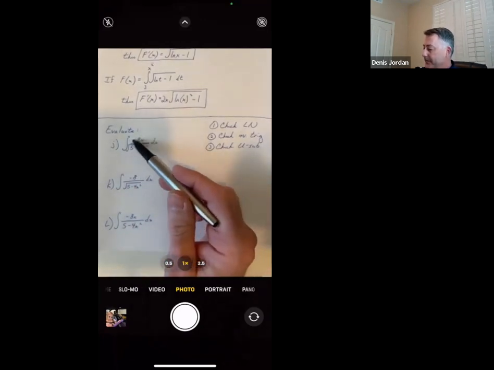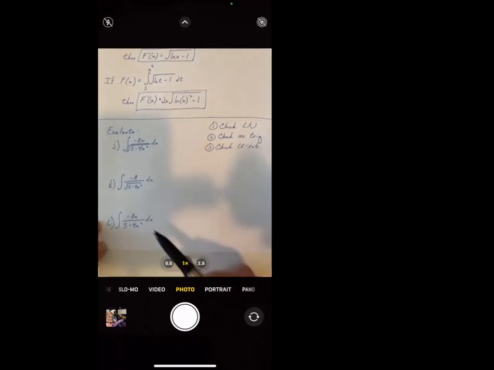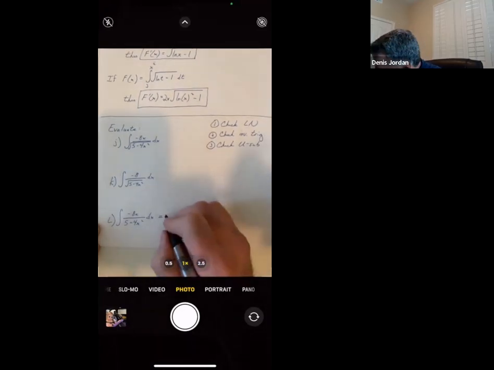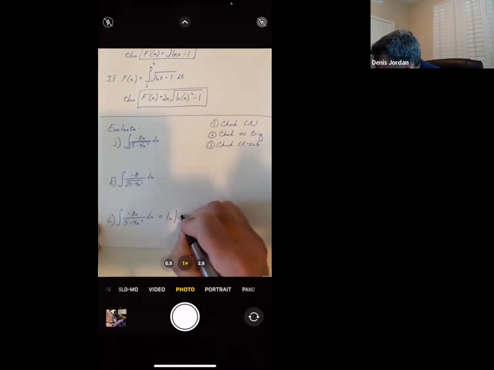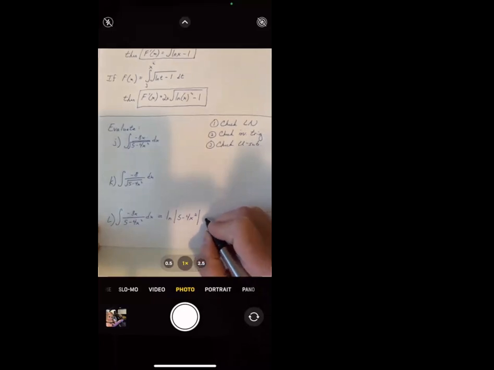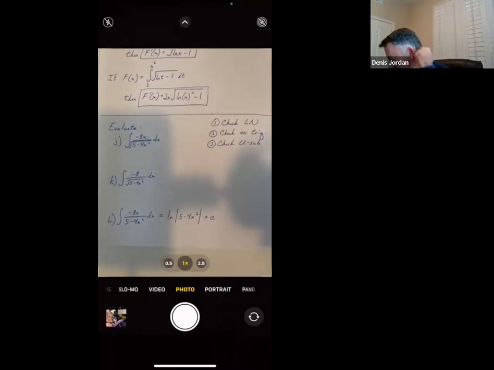So it's not up there, but it is with L. Since it's L, you can just default it to ln of the absolute value of 5 minus 4x squared. And then what needs to come next? Plus C. Yeah, if it's not a definite integral, don't forget the plus C.